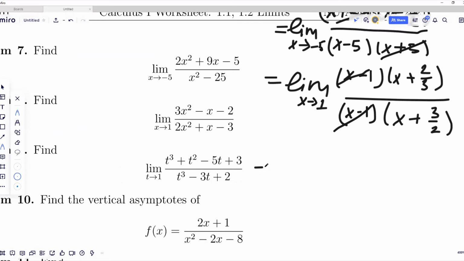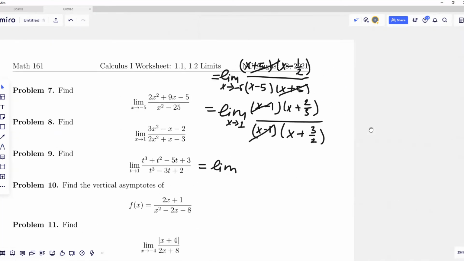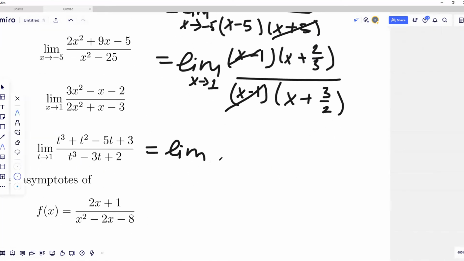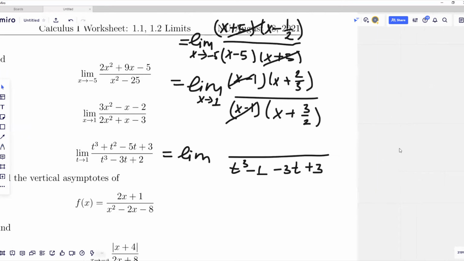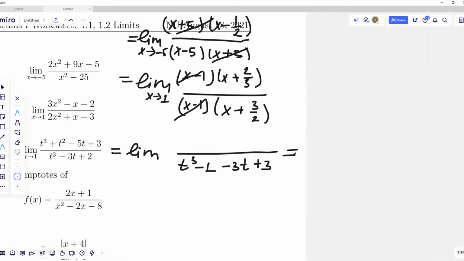Play around a little bit. Let's start with the denominator. Let's turn that into 3. So we'll have t cubed minus 1 minus 3t plus 3. So this is equal to limit.